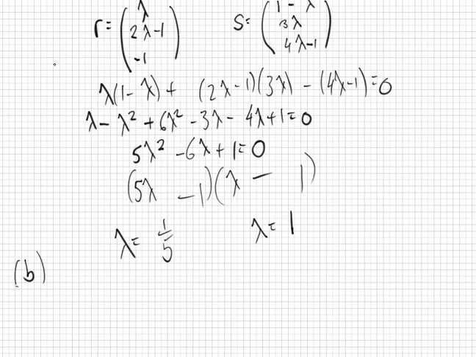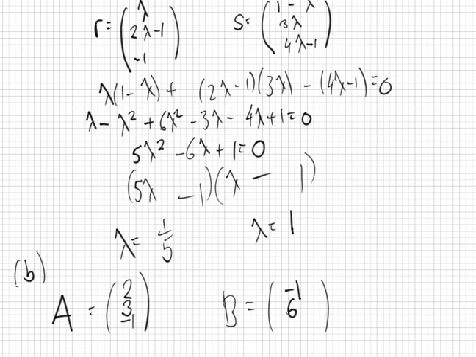Okay, so if I put lambda equals 2, what does this one become? 2, 3, minus 1. And if I put lambda equals 2 here, what do I get for B? 1 minus 2. So minus 1, 6, 7.